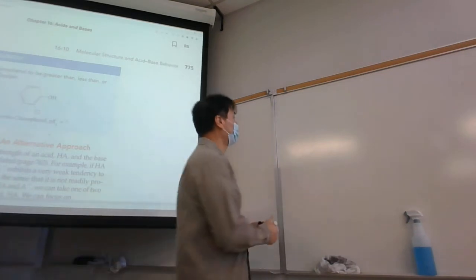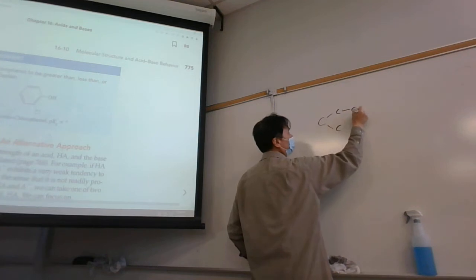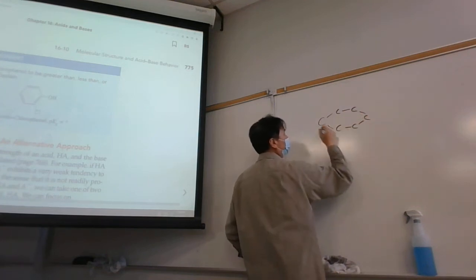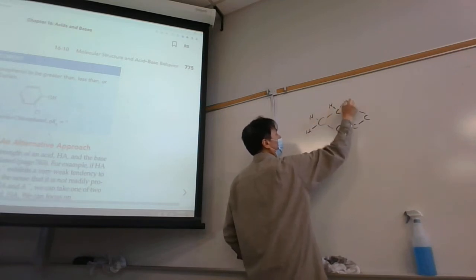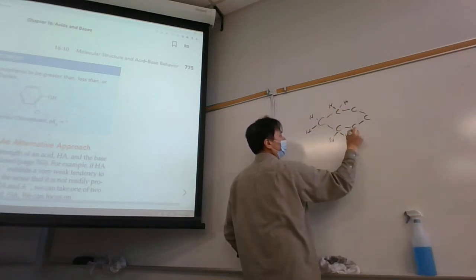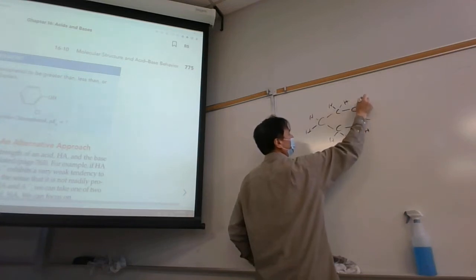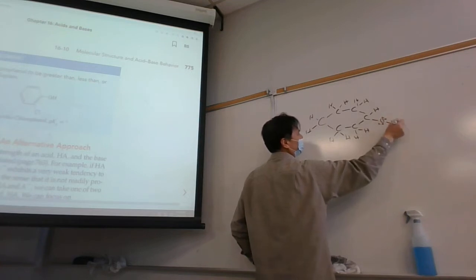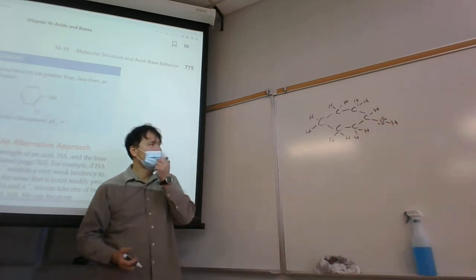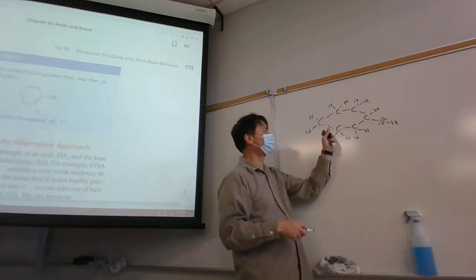The two alcohols we'll look at, one will have a ring like that, a 6-carbon ring. This is called the cyclohexane or cyclohexyl.